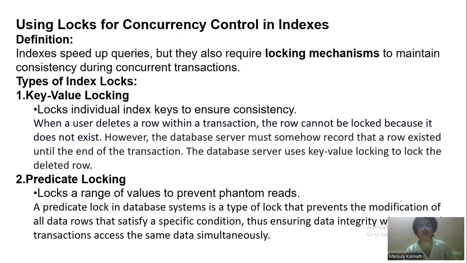When the read operation is performed on the data, first time, second time, multiple times, it has to maintain consistency and give the same output. For that, it uses predicate logic to lock the data.